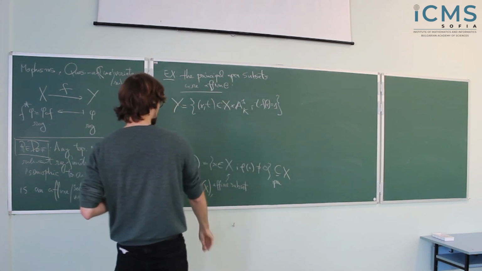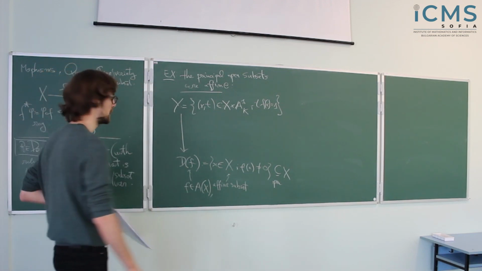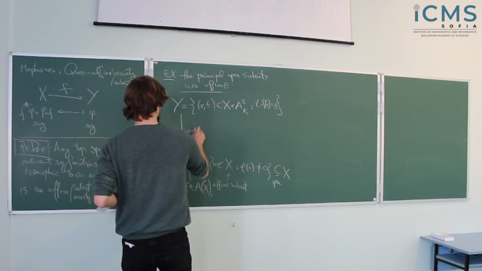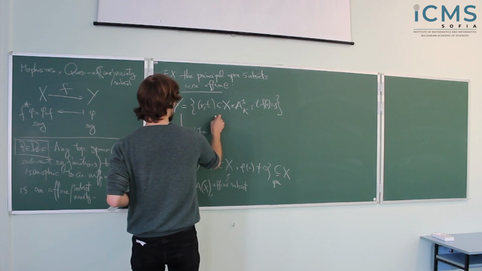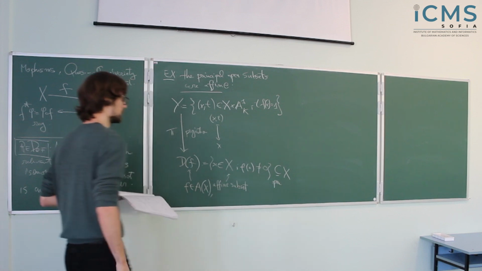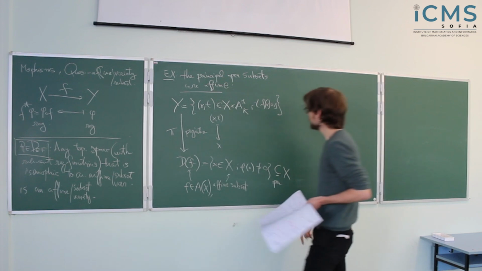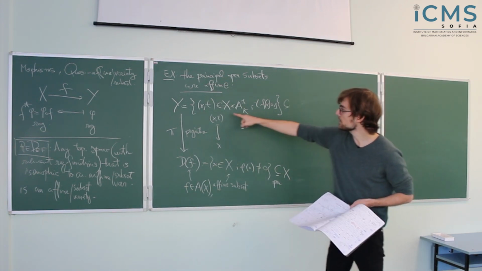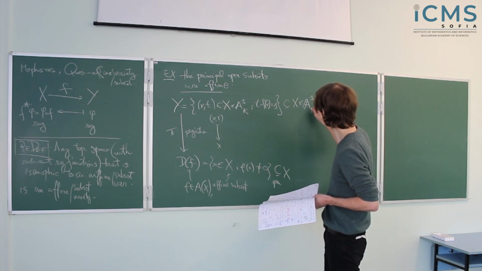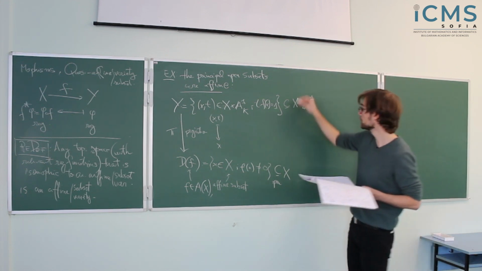The way you can define a map between the two is simply by projection, meaning that I take (x, t) and I just associate x. And it turns out that this space lives inside of x times A^1(k). So this is an affine subset.